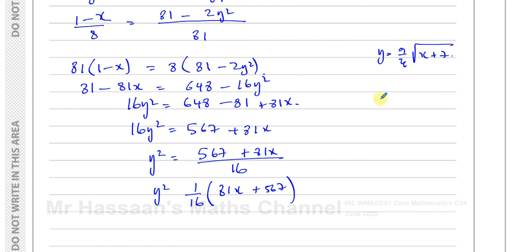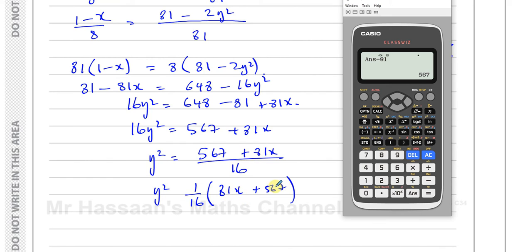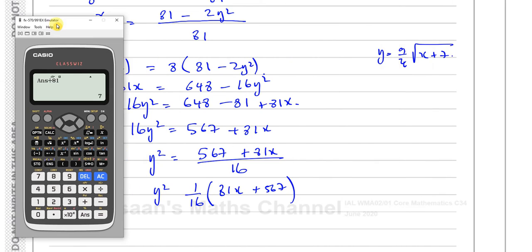Now for this to become like that, there should be a common factor of these two. And if it has to be x here, I'm hoping 81. 567 divided by 81 is going to give you an exact value. Yes, it does, and it gives us 7, which is what we're looking for.